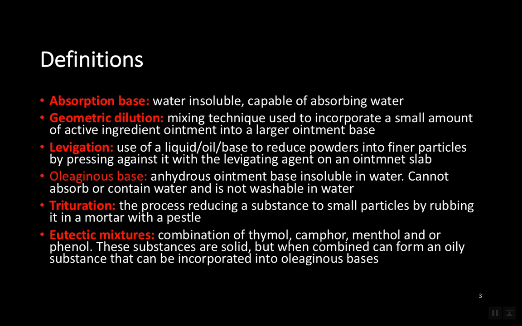You want to do this by incorporating a small amount of active ingredient ointment into a larger ointment base, little by little, basically. Instead of just having, let's say, 25 grams of plain Vaseline, right? And also 10 grams of active hydrocortisone ointment, and I want to mix those together. You want to take a little bit of the active and mix it with a little bit of the base. All right, so little by little, basically.